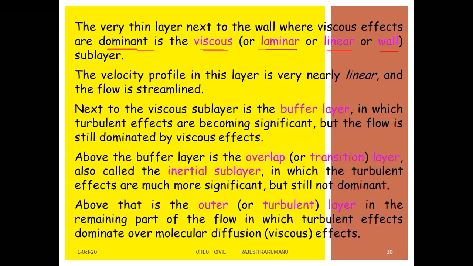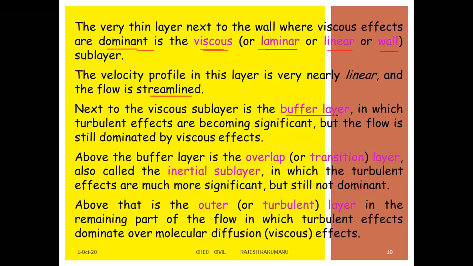Next one, the velocity profile in this layer is very nearly linear and the flow is streamlined. Next to the viscous layer is the buffer layer, in which the turbulent effects are becoming significant but the viscous effects are still dominating.